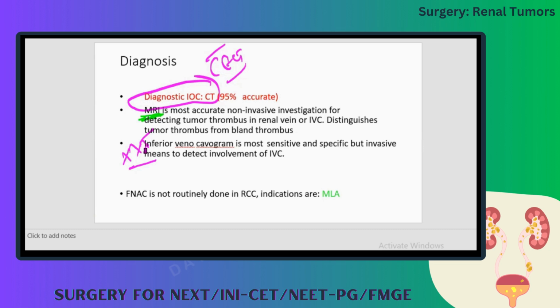But because of the high risk of complications, you have to put a needle in the inferior vena cava and give contrast, so it is not being done nowadays. 99% it won't be in the options, but if they give you inferior vena cavogram, then it is the investigation of choice for tumor thrombus.